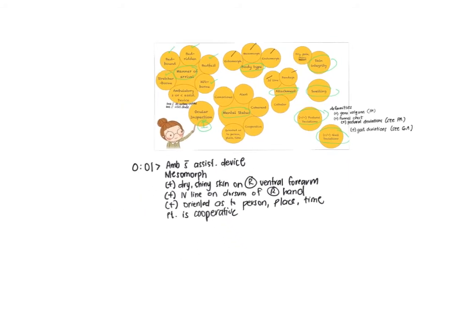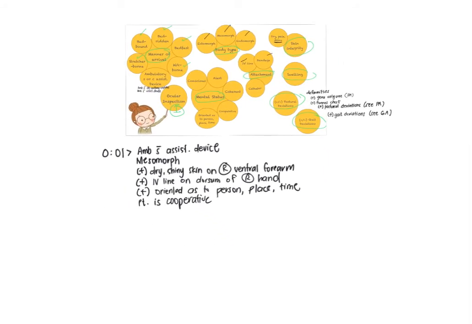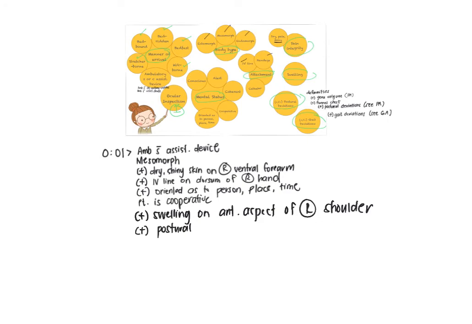Right? What else? If patient has swelling, so positive swelling on anterior aspect of right shoulder. Diyon. And if you noted postural deviations, can be positive postural deviations, and then CPA.